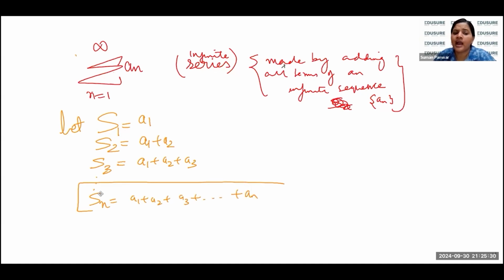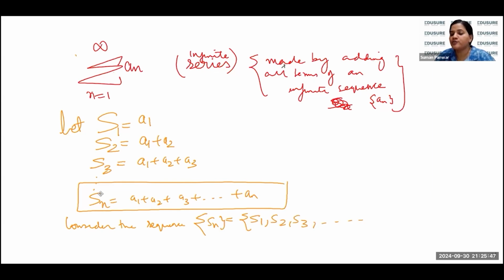So similarly, Sn will be A1 plus A2 plus A3 till An. So you will consider the sequence Sn. I have made a sequence S1, S2, S3 and so on.